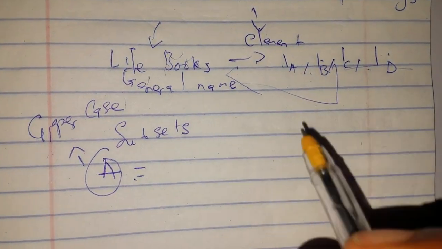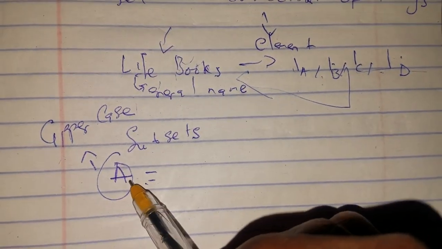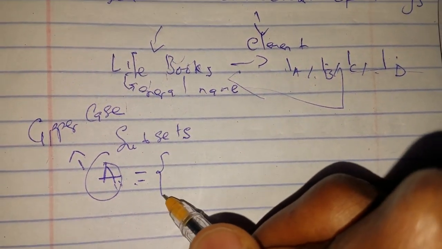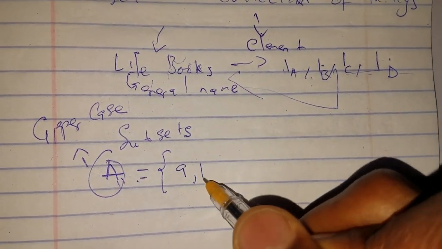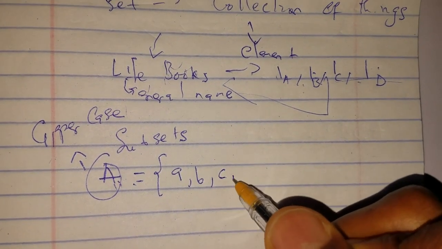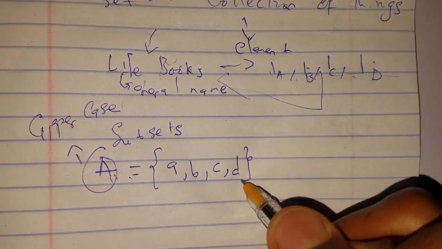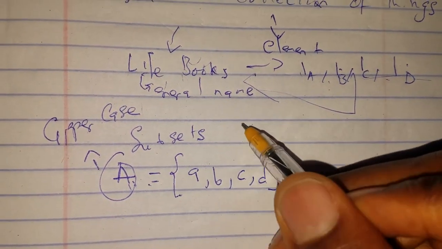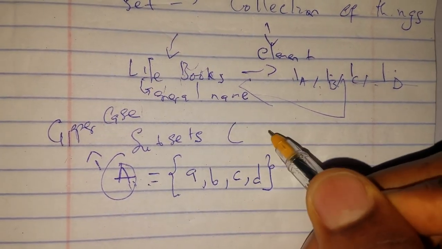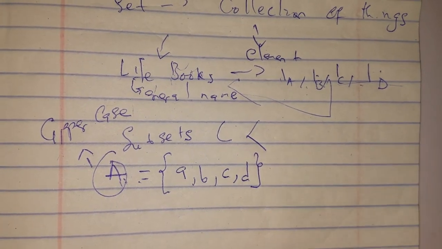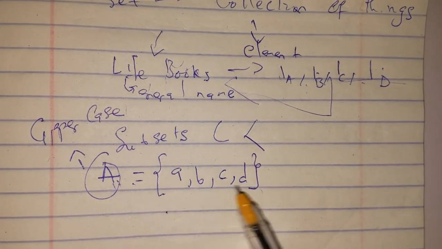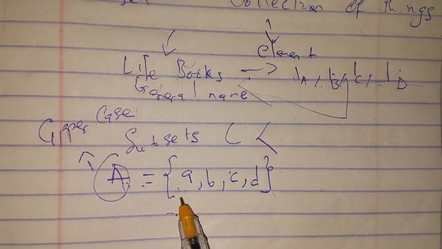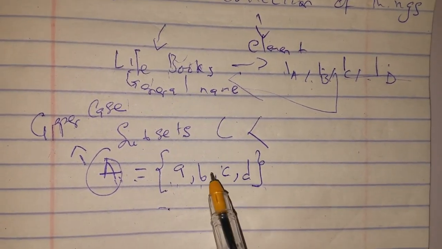Set A is equal to, let me just give it a set of elements, for example, small alphabets from A to D. You use these brackets for sets. Do not use normal brackets or any other kind. These are the brackets we use for elements.